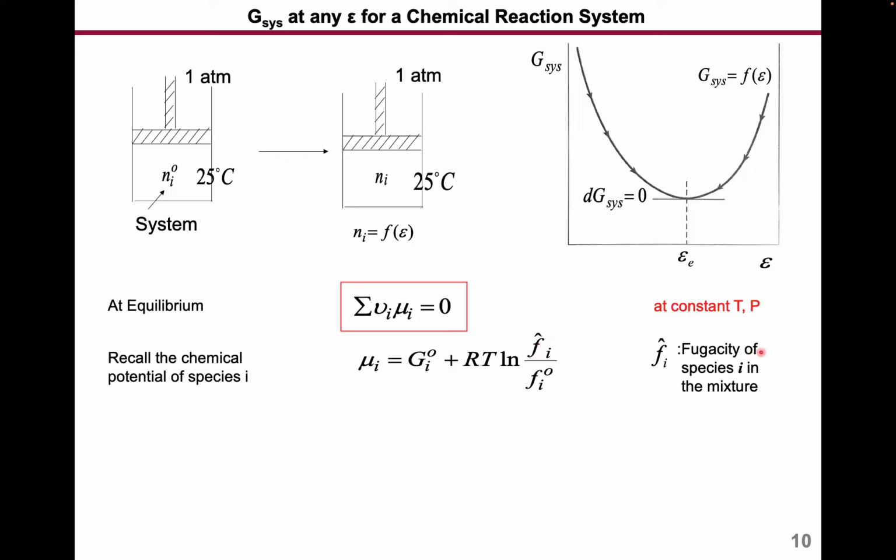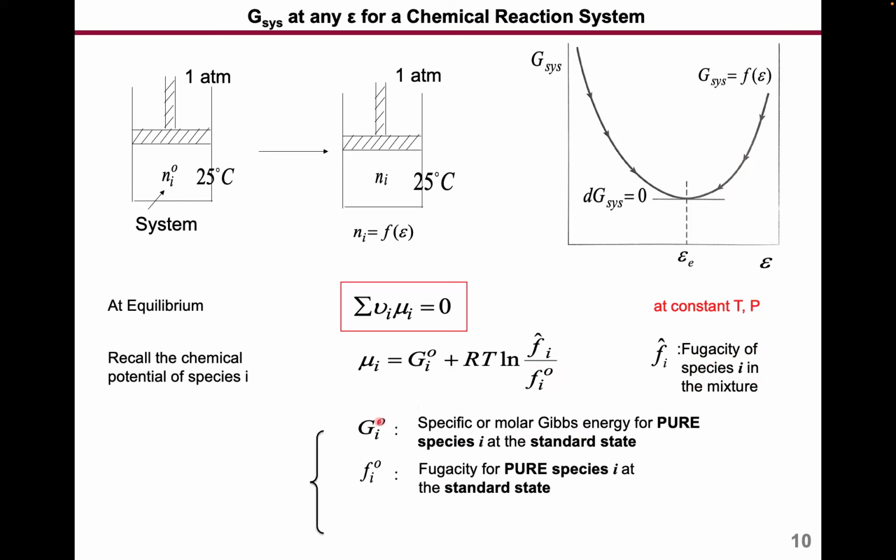Fi hat is the fugacity of species i in the mixture, right? And Gi0 is the specific or molar Gibbs free energy for pure species i at the standard state, that's why we have 0 here. And Fi0 is the fugacity of pure species i at the standard state, that's why we have 0 here.